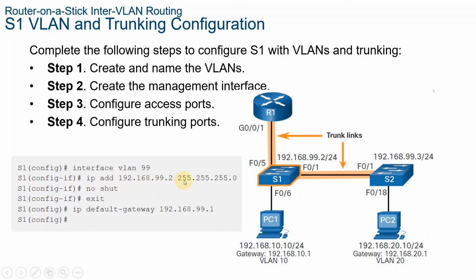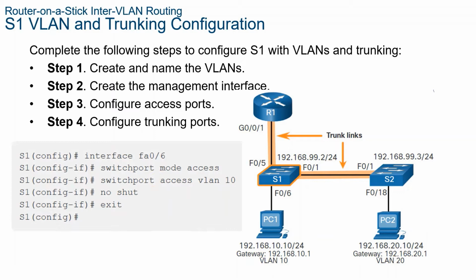The subnet mask is /24, 255.255.255.0. No shutdown, and then exit. Let us apply a default gateway here. The command would be ip default-gateway 192.168.99.1. Again, why are we assigning an IP address on a switch? That is for management purposes.